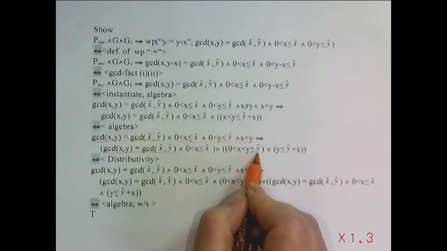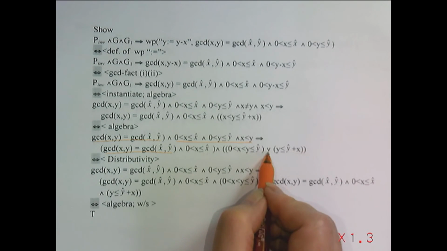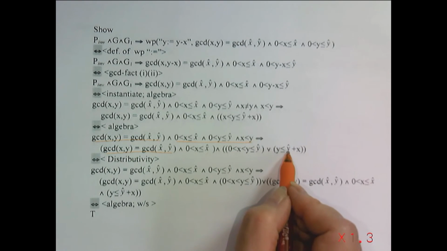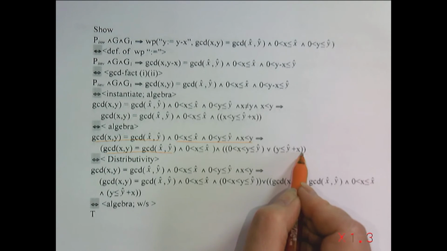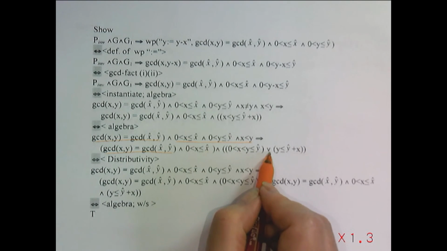So there's commonality there. But on the weaker side, I also have or y is less than or equal to y hat plus x. I notice that it's not just a simple or.